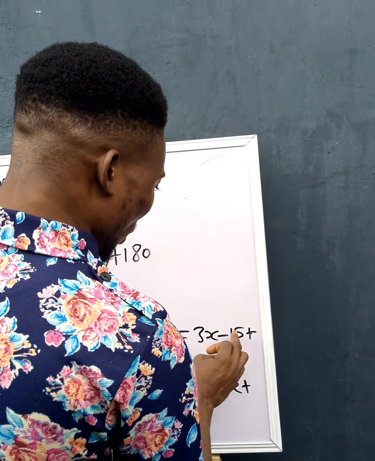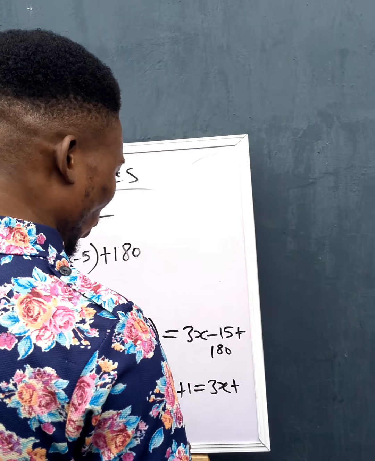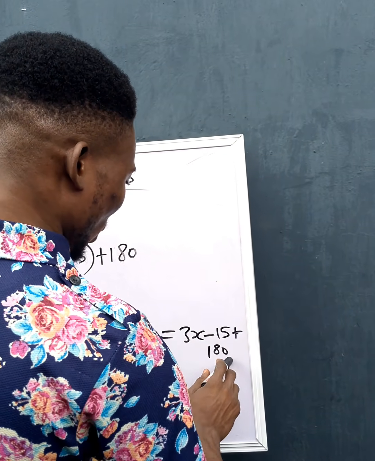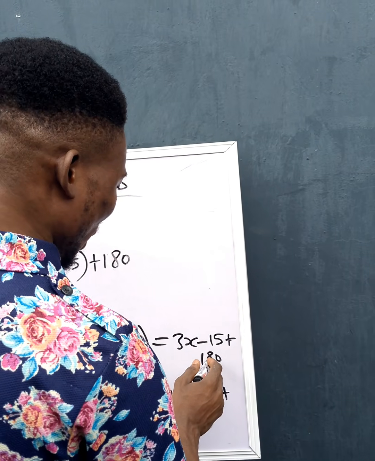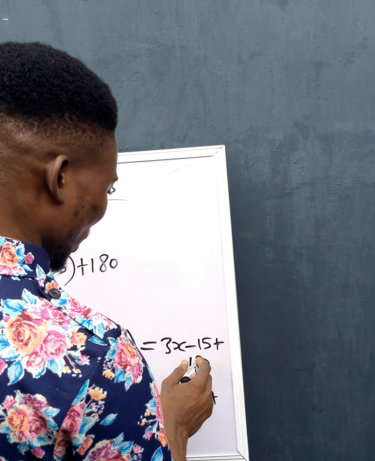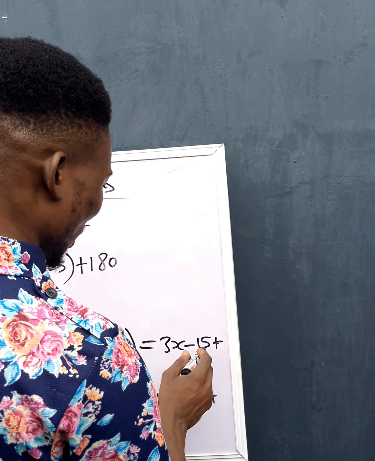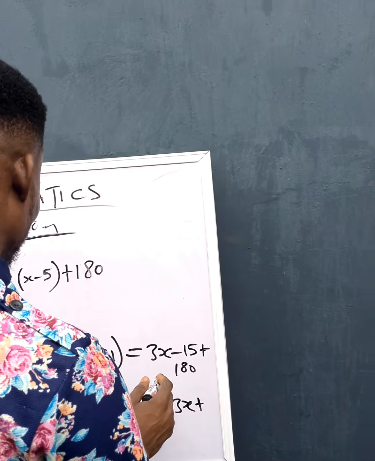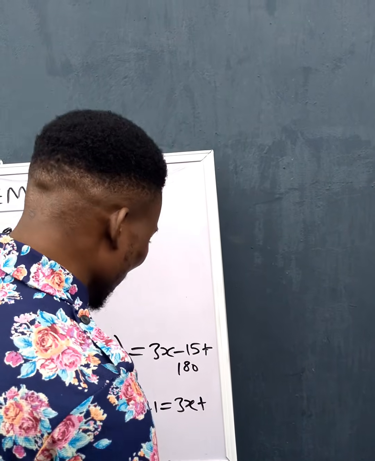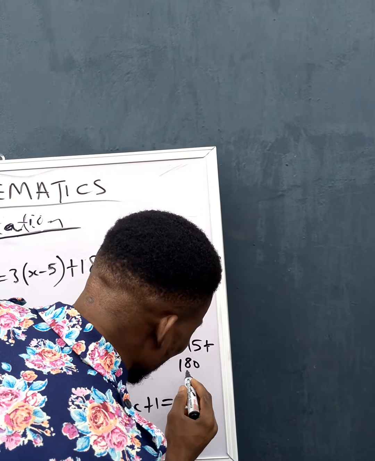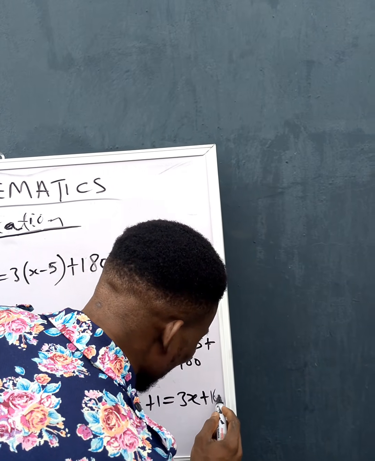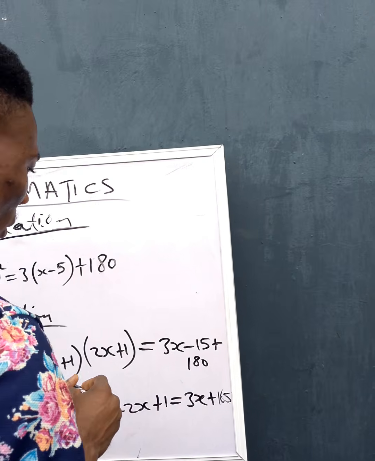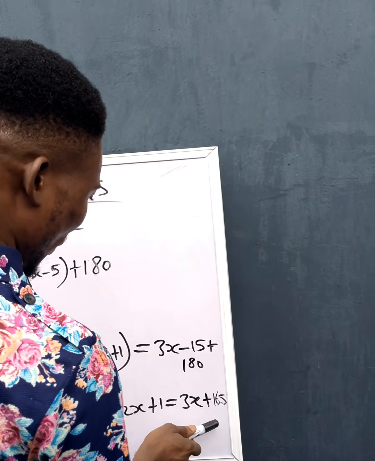Then 180 minus this 15 now, you are going to have 10 out of 70, 5 out of 70, you are going to have 65. You get it? 65. Then we are going to have 165. You are going to have 165.